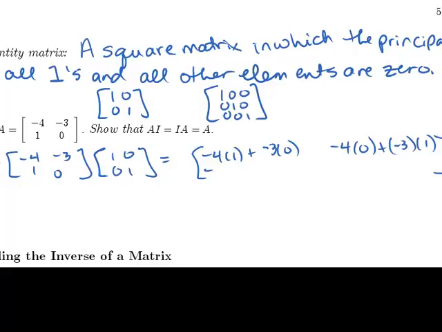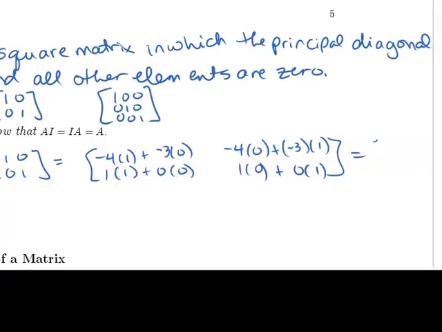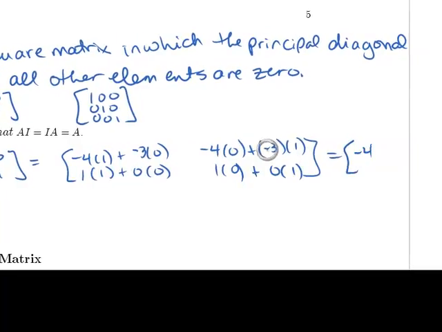Similarly, second row you get 1 times 1 and 0 times 0, and finally 1 times 0 and 0 times 1. So when all is said and done, you've got your -4 plus 0, your 0 plus -3, your 1 plus 0, and your 0 plus 0. So we get back to the original A.